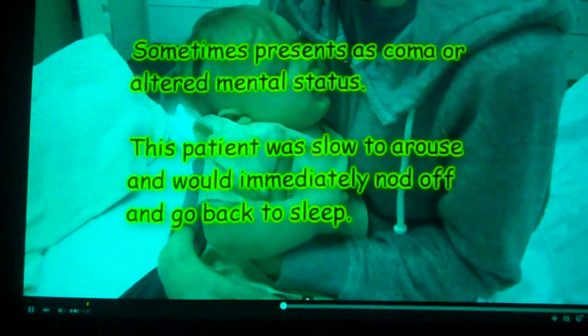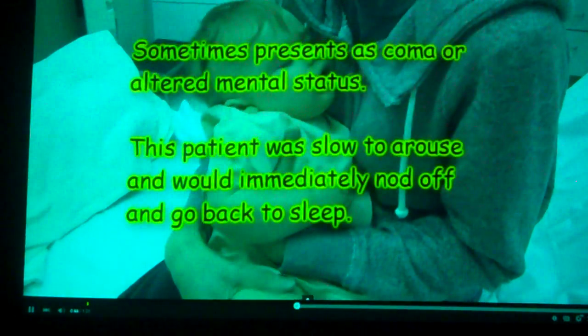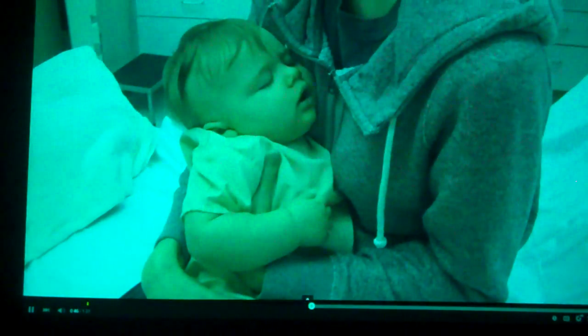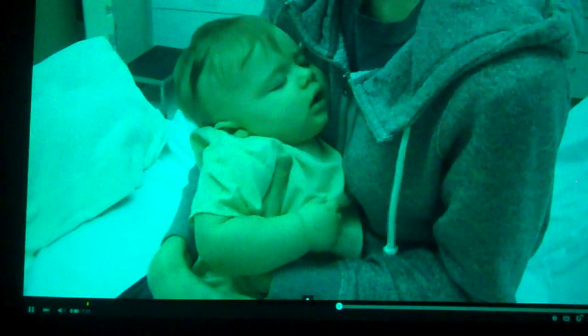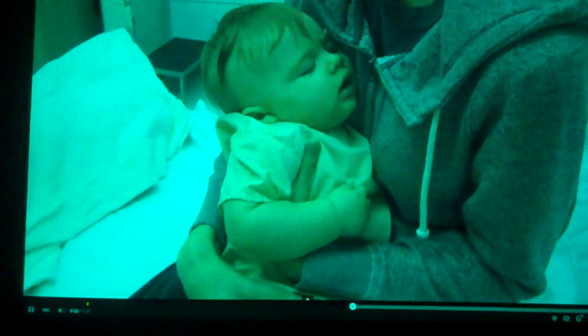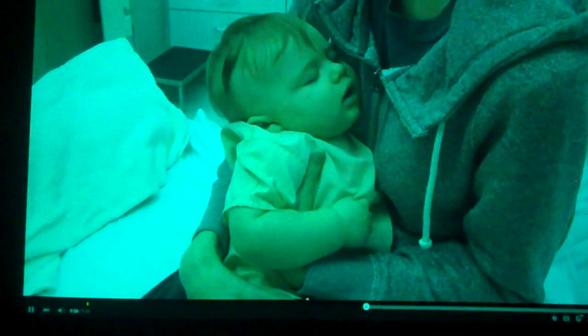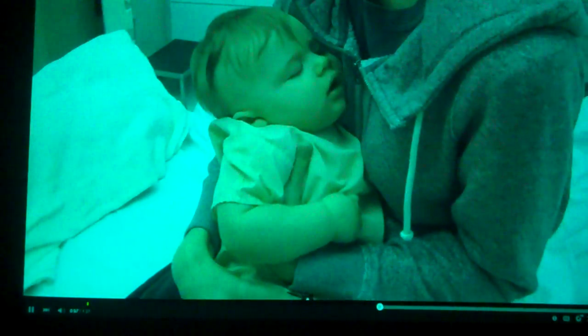It's like she's lethargic. But you can wake her up every time? She's a little hard to wake up. Okay, so intermittent crying episodes and then falling asleep.